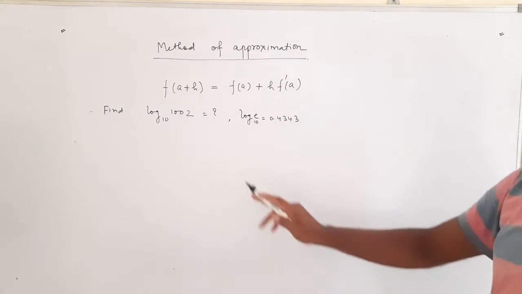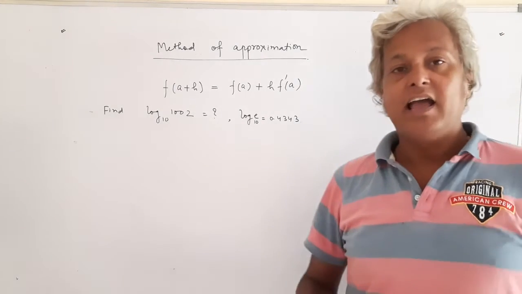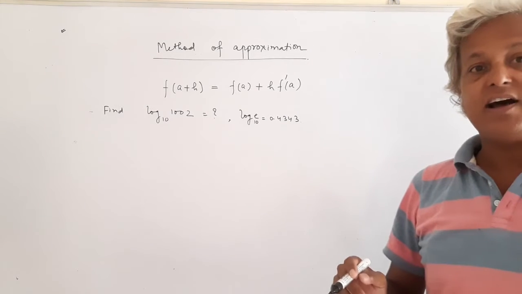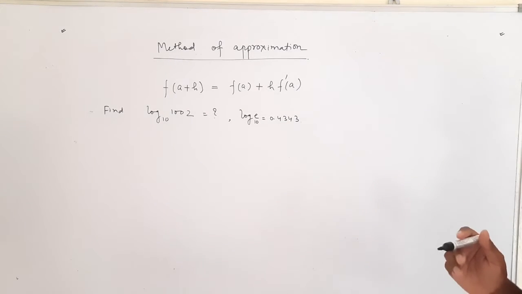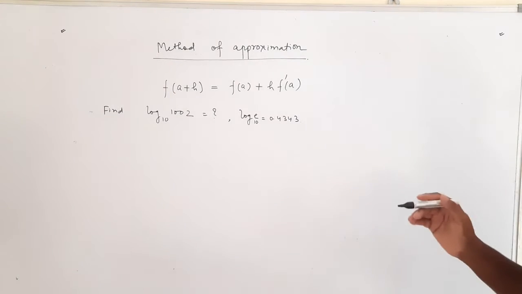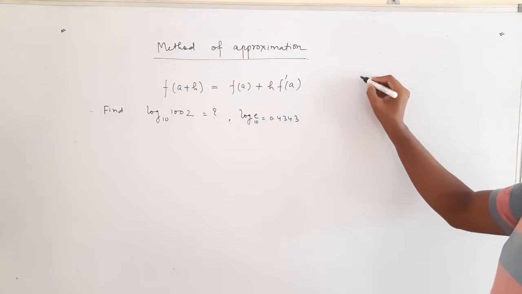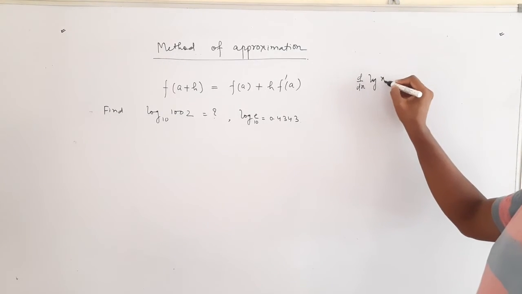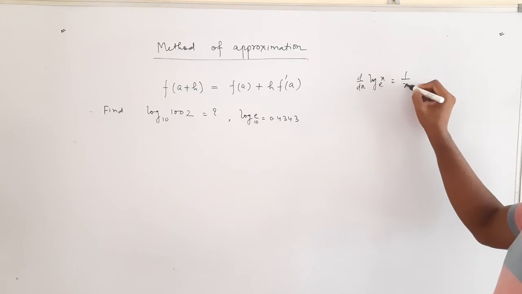Now, the function is going to be a logarithmic function, you know that. When we have to find the differential, then we need the log to the base e, that is called the natural logarithm. It goes like this: d by dx of log x to the base e is 1 by x.